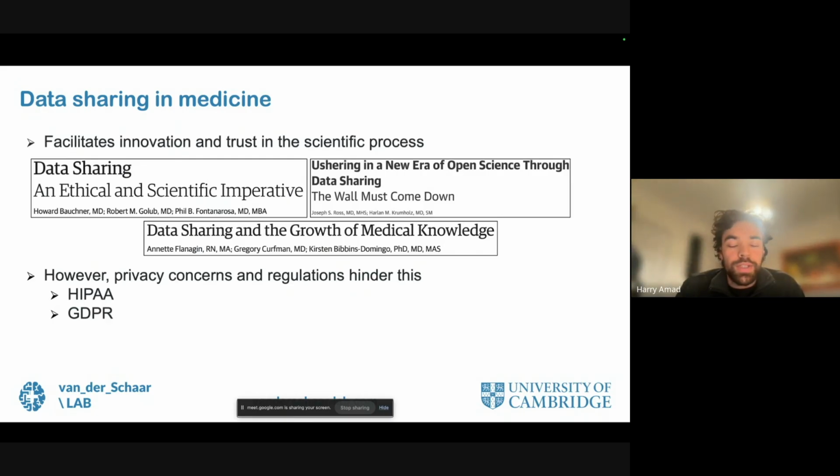And it can also facilitate trust in the scientific process by allowing people to reproduce studies, to see if they can discover the same conclusions that researchers may publish from the raw data. This has been captured in a number of recent papers which are advocating for more data sharing in medicine.